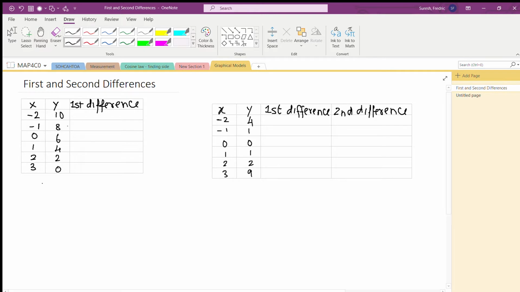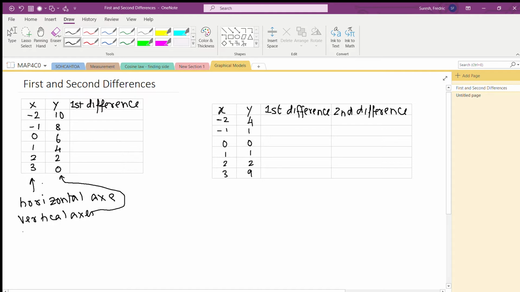And just as a reminder, you know that the x values all go on the horizontal axis, and the y values all go on the vertical axis.